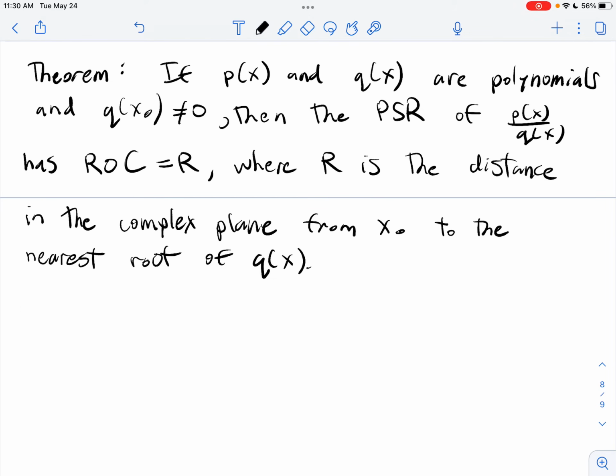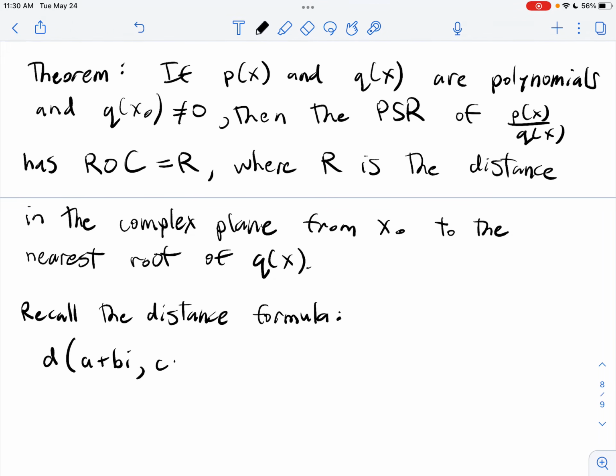So recall, and we're going to do a couple of examples using this theorem, so it should become clear, but I want us to recall the distance formula. The distance between two complex numbers.